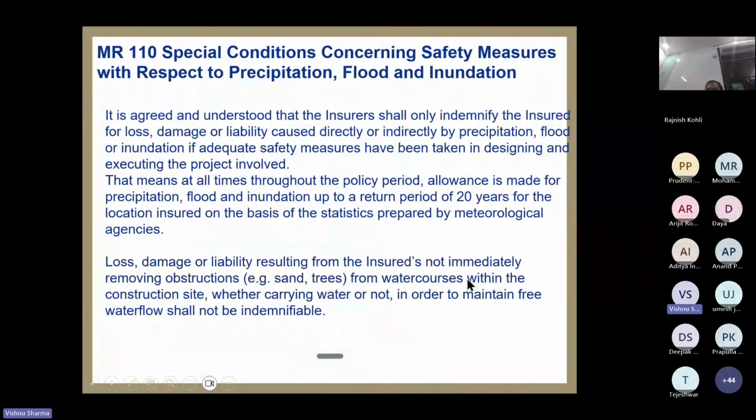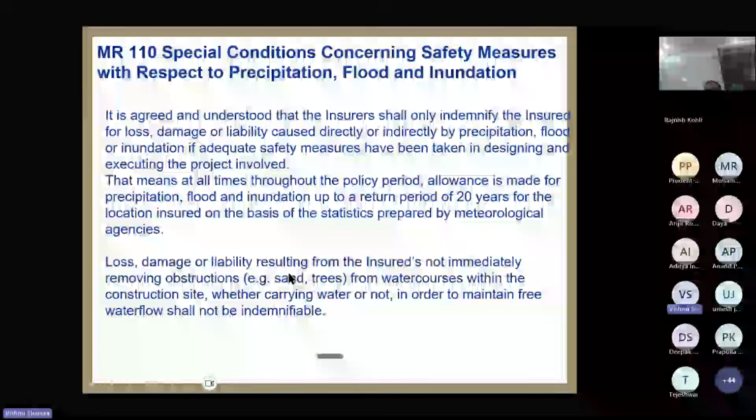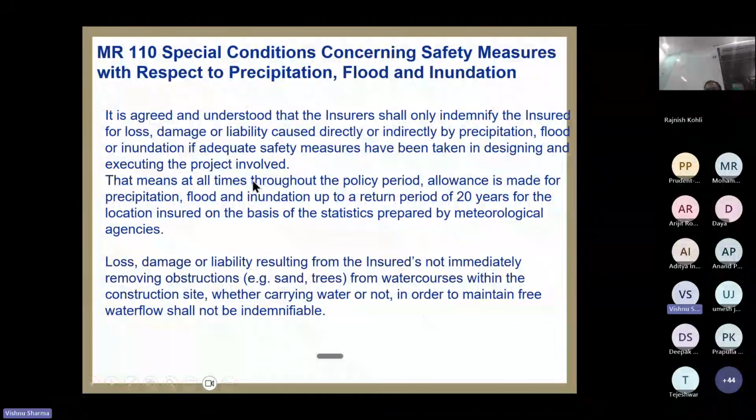In order to maintain free water flow, shall not be indemnifiable. If he fails to keep the water channels clean as per the requirement of this warranty, then again loss will not be paid. Okay.